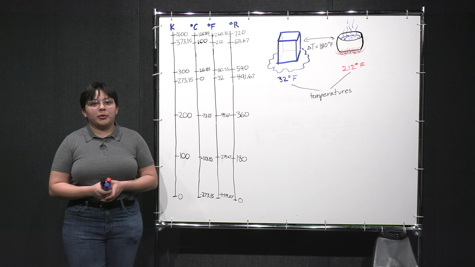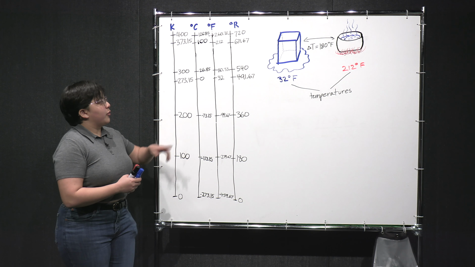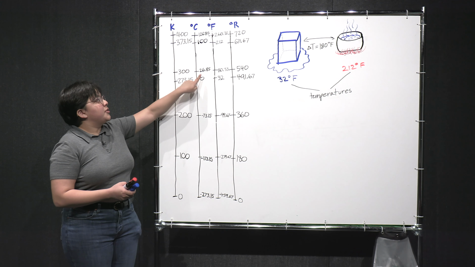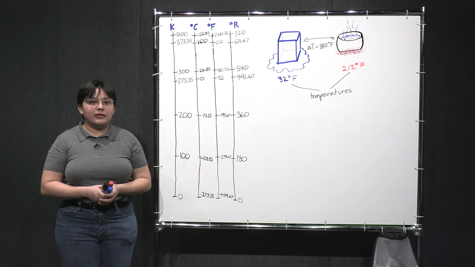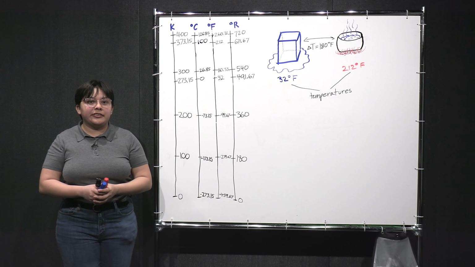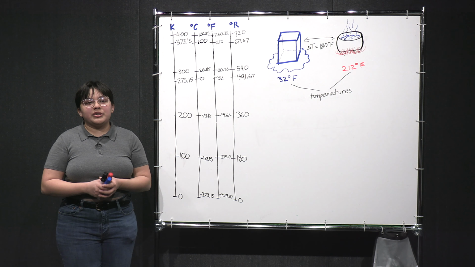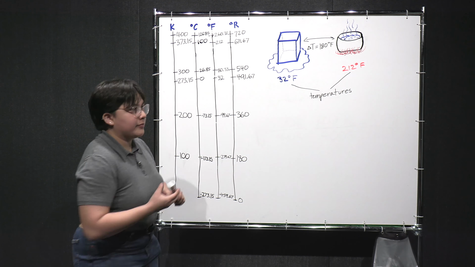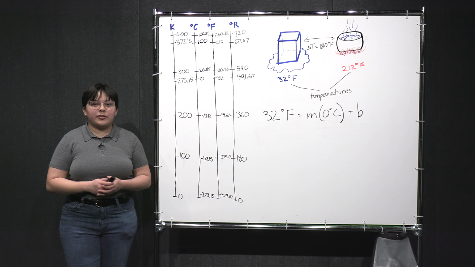You can find the conversion formula between two scales by knowing the same two temperatures in both scales. For example, water freezes at 32 degrees Fahrenheit and 0 degrees Celsius, and boils at 212 degrees Fahrenheit and 100 degrees Celsius. Set up two linear equations with two unknowns, the slope and the intercept, so 32 degrees Fahrenheit equals m times 0 degrees Celsius plus b, which gives b equals 32.